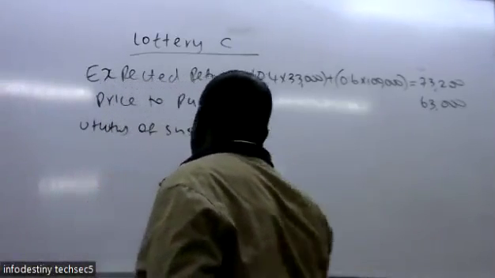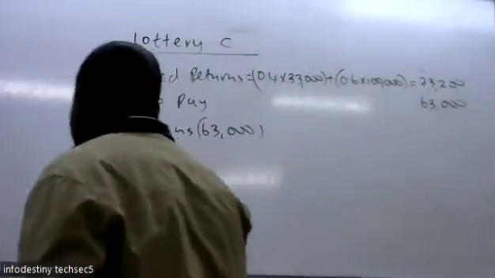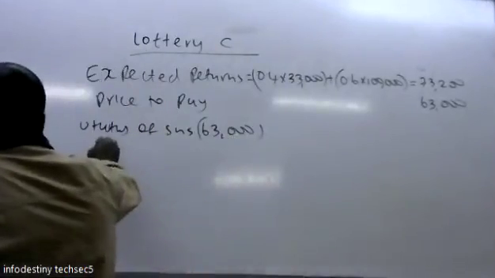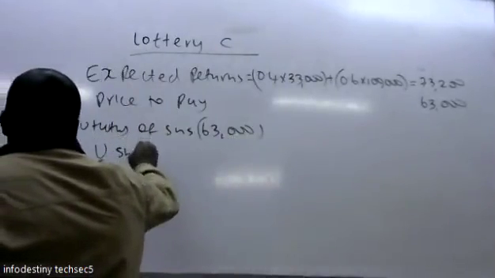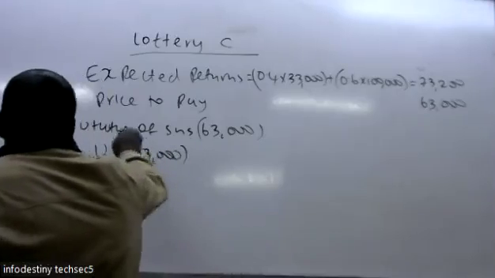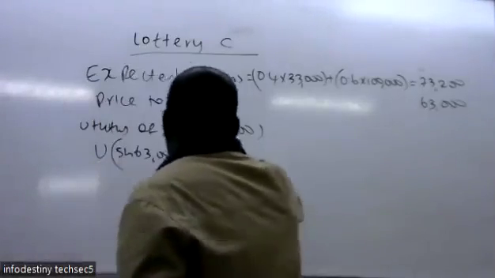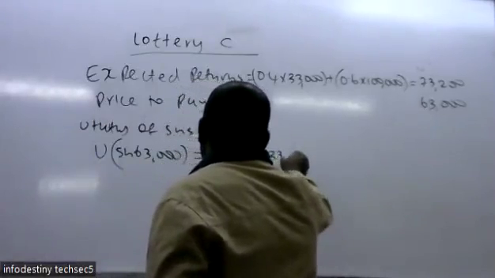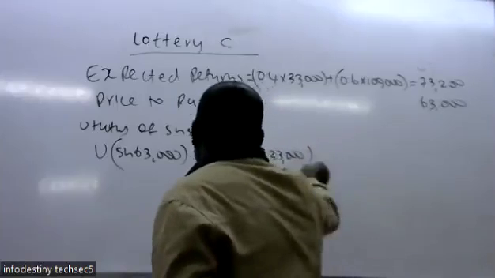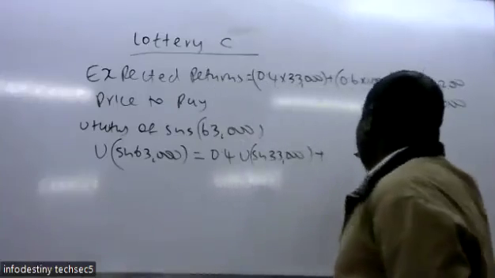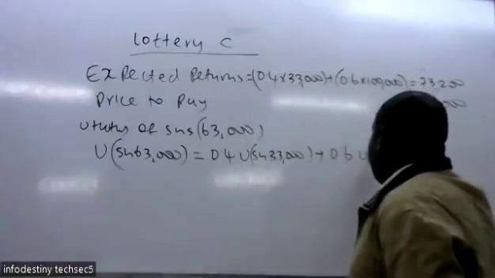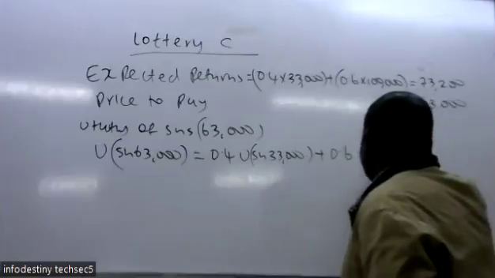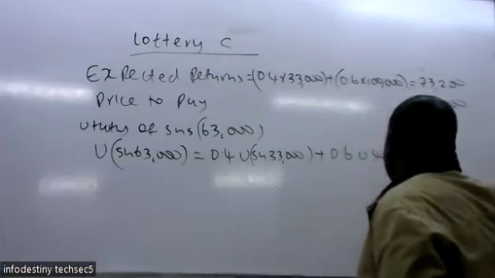So the utility of shillings 63,000 would be equal to 0.4 of the utility of shillings 33,000 plus 0.6 of the utility of shillings 100,000.